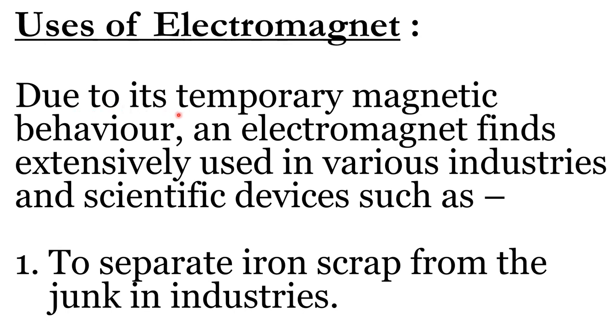Due to its temporary magnetic behavior, an electromagnet is used extensively in various industries and scientific devices such as, number 1, to separate iron scrap from the junk in industries.